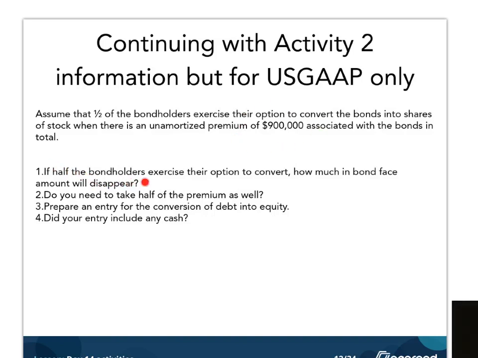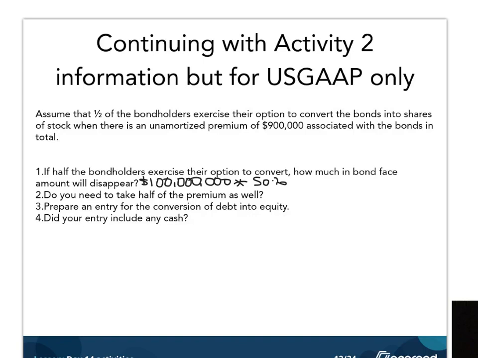So if half the bondholders exercise their option to convert, how much in face amount will disappear? Well, you remember the original face amount was $100 million. If you think about what happens when bondholders convert, they essentially bring back the bonds and turn them in and walk out the door with stock.